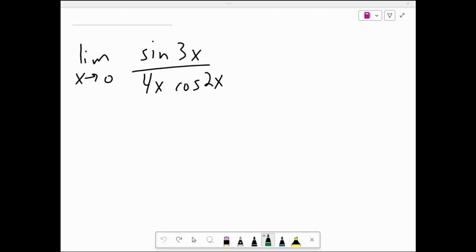What I didn't really take time to do in that last one was explore the 0 over 0 scenario, because we had just done one like it, but I'll do that here. If I try to let x be 0, the numerator is 0. The cosine of 0 is 1, but this x here is going to make the denominator 0. So we really don't have much choice. We don't have any other options at this point other than the limit as x approaches 0 of sine x over x, which is 1.